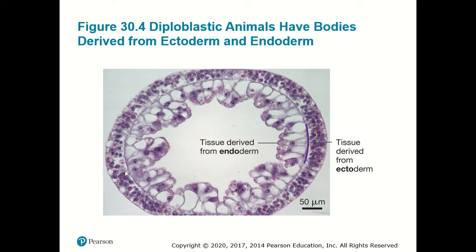The ectoderm, which is the outside layer, gives rise to the skin and the nervous system of an organism. The endoderm, which is the inside layer, gives rise to the lining of the gastrointestinal tract, which is everything related to digestion. And then the mesoderm is going to give rise to everything in between.